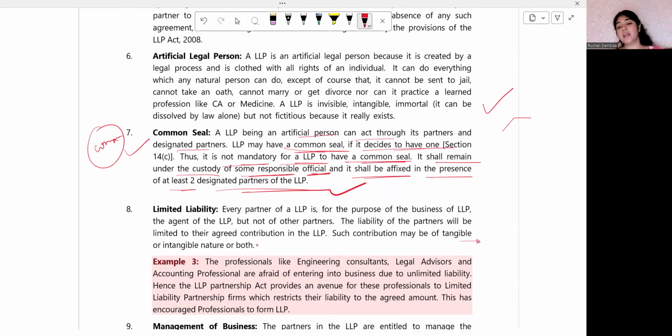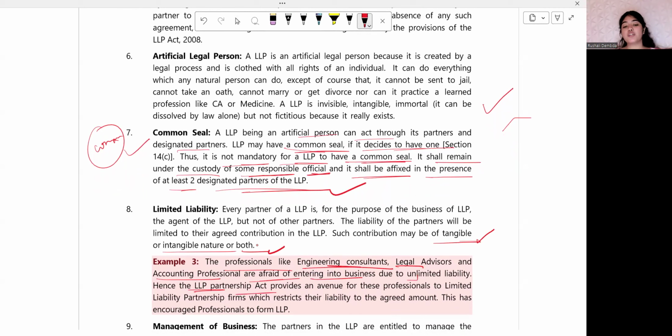They can either bring land or a building, or they can put in their professional services, their knowledge and expertise. That is also considered a contribution. Professionals like engineering consultants, legal advisors, and accounting professionals are afraid of entering into business due to unlimited liability.